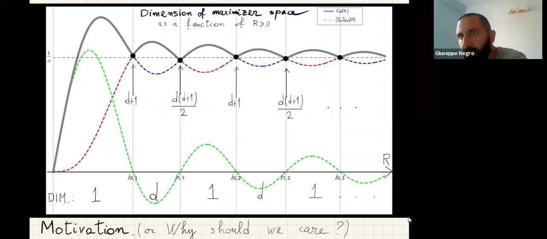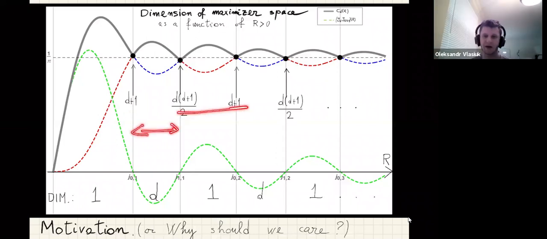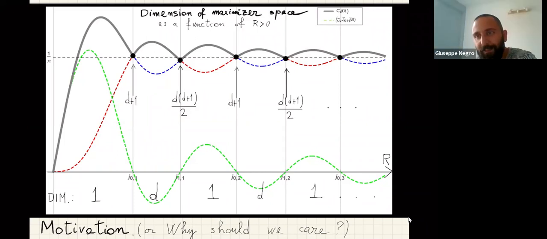So this is the reason why I use the word intermittent, because I wanted to say periodic, but this is not exactly periodic. It's periodic in the limit, or something like that. Yeah, in the limit, perfectly periodic.